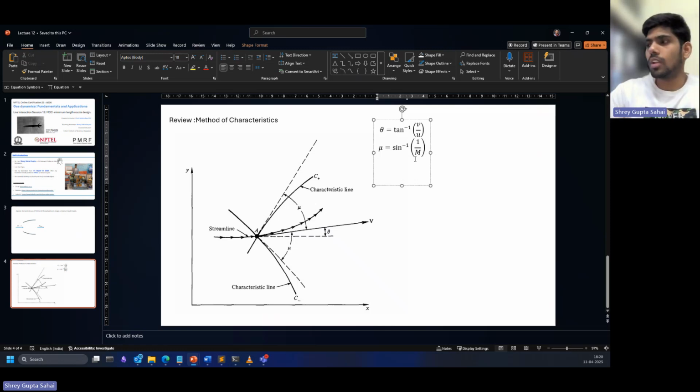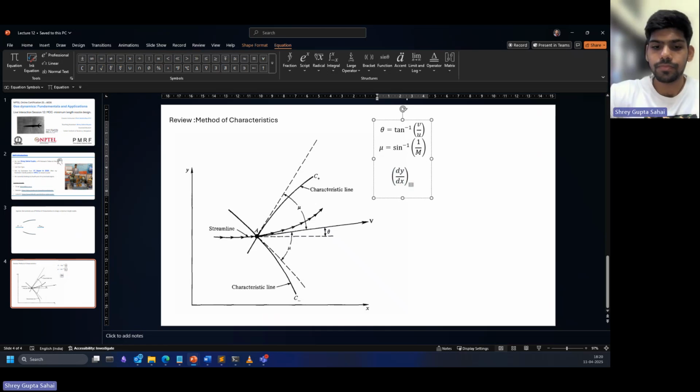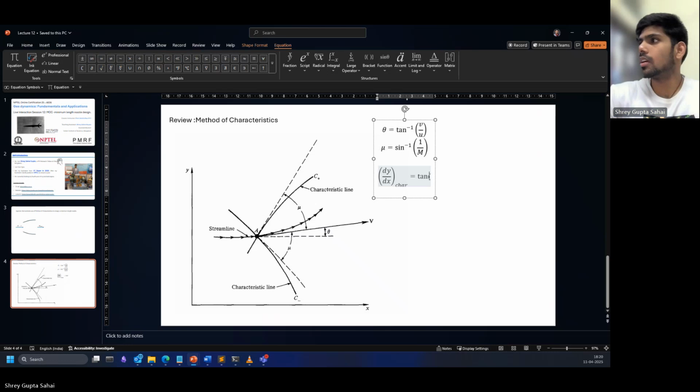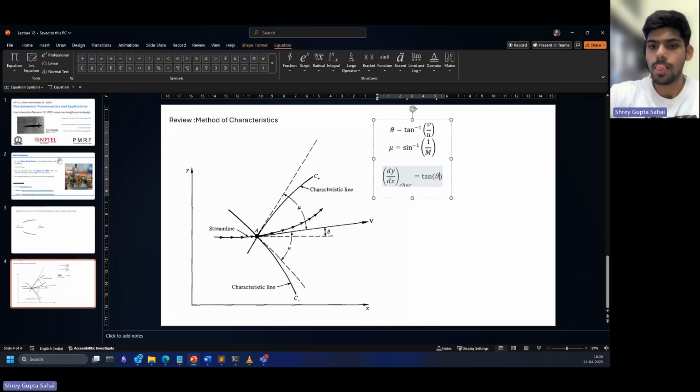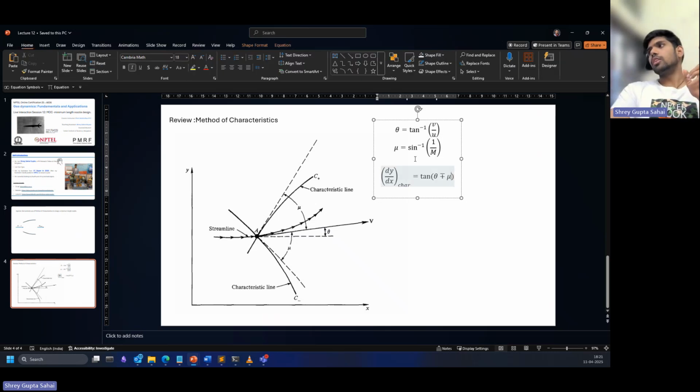I'm just going to write this. The important thing is that dy by dx of the characteristic lines comes out to be tan of theta plus or minus mu. There are two important things here.